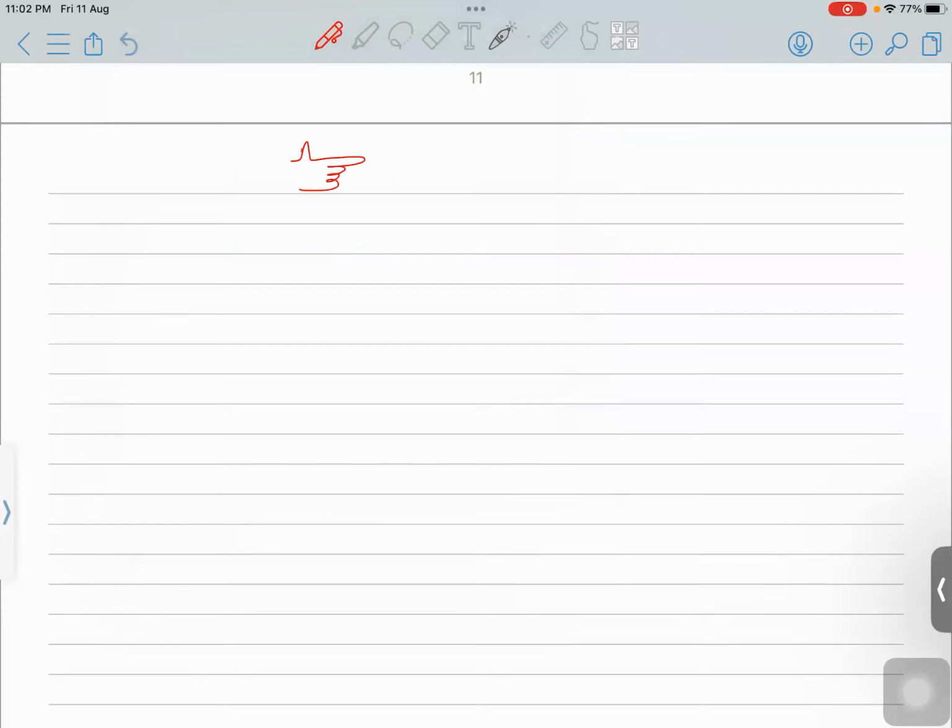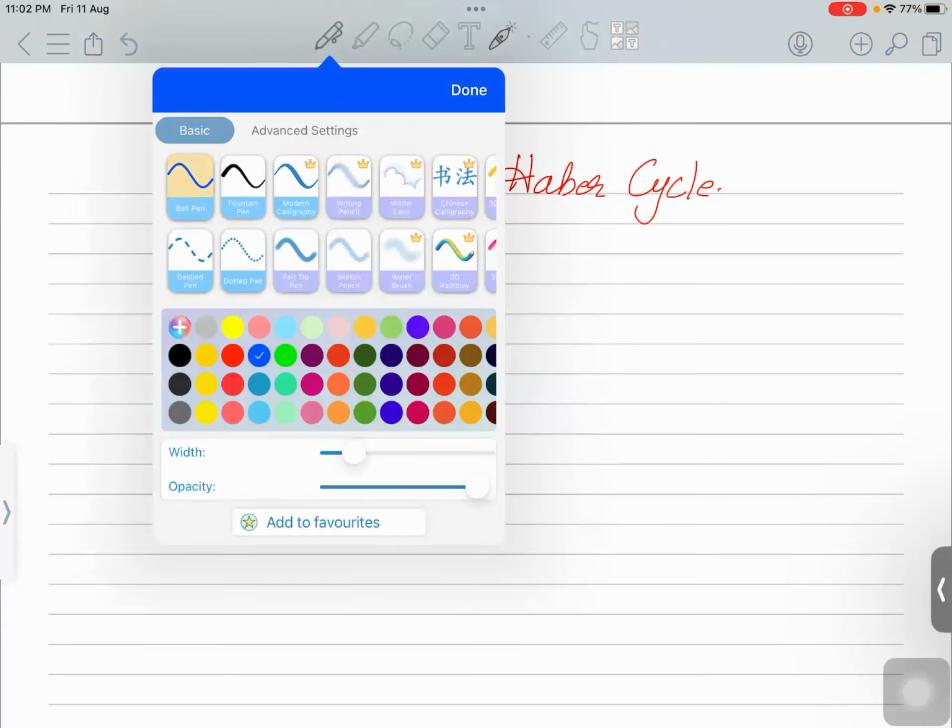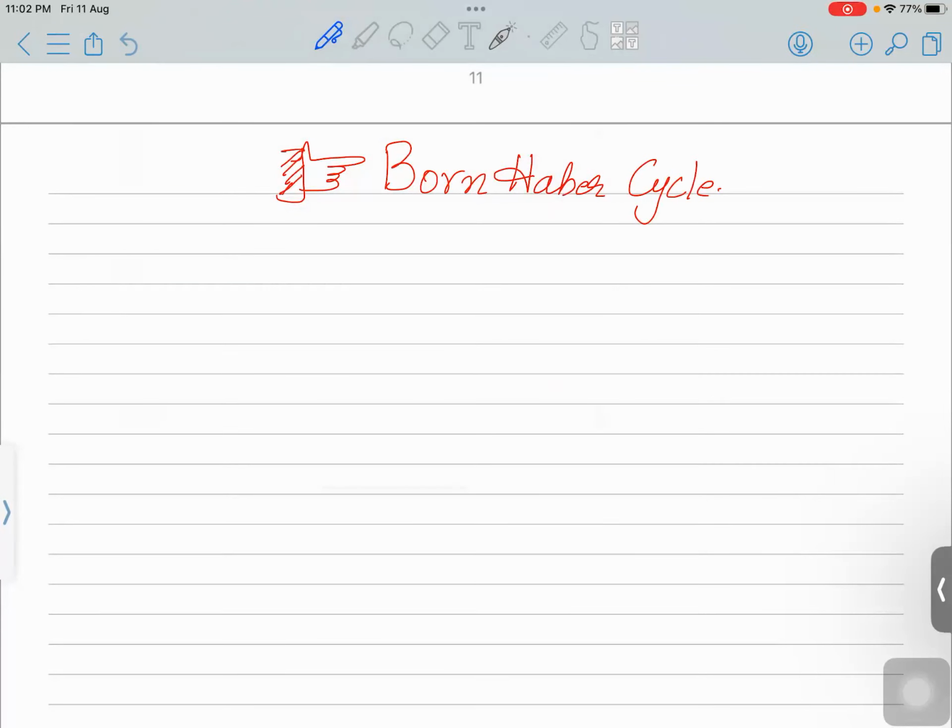Now, Born-Haber cycle. Ali, do you know what the Born-Haber cycle is? No, sir. Okay. Born and Haber were two friends who established a cycle.